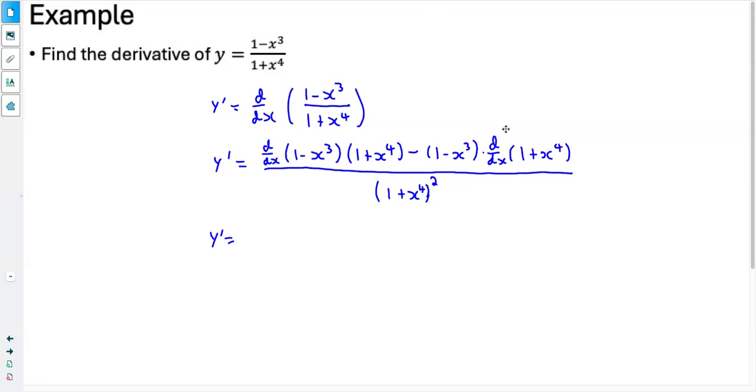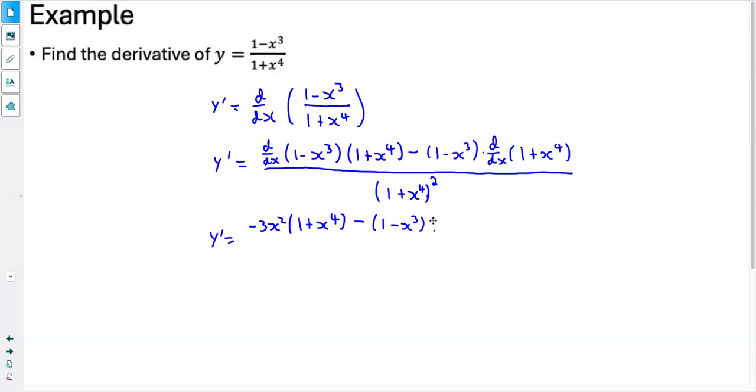Okay, so we'll start by taking these derivatives. The derivative of 1 minus x cubed is negative 3x squared. And then that's multiplying by 1 plus x to the power of 4. And then we have minus 1 minus x cubed times the derivative of 1 plus x to the power of 4.